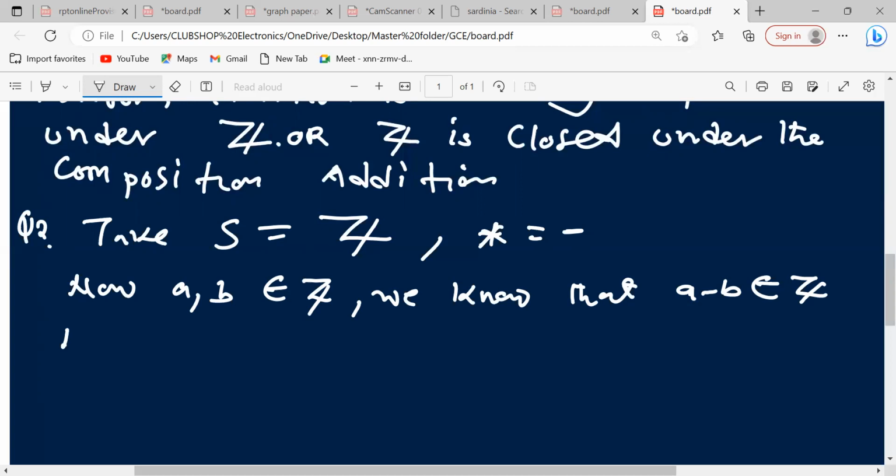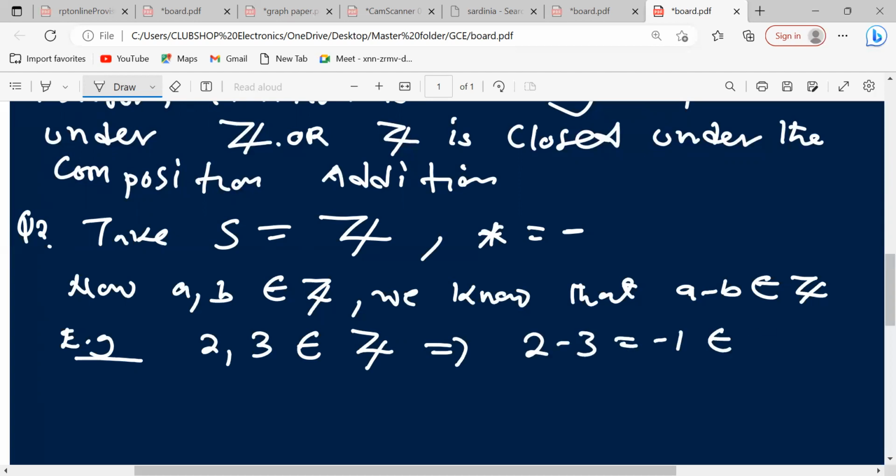E.g., 2 and 3 belong to the set of integers, implying therefore that 2 minus 3 is equal to -1, which is an integer.